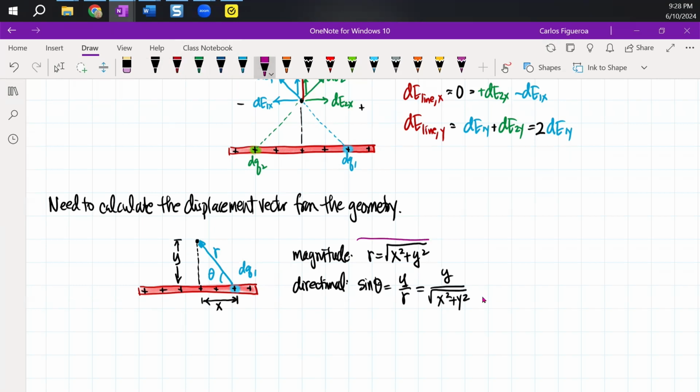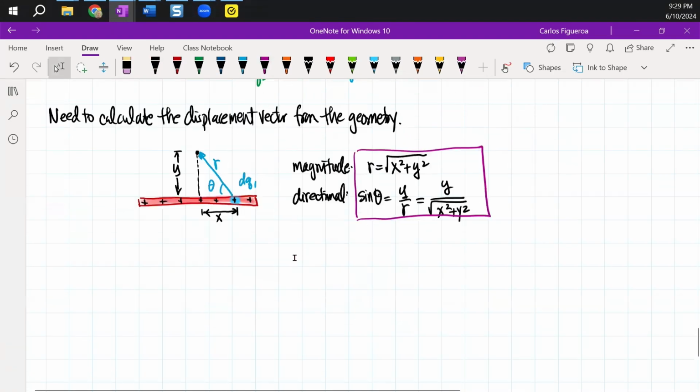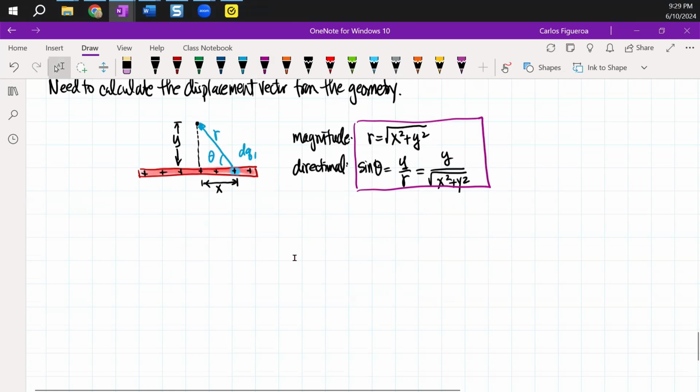So now I have all the details about the displacement vector. Now, you may not be comfortable with me saying that I don't need to calculate the field component anymore. But let's do this nonetheless to make sure that we're talking about the same thing.